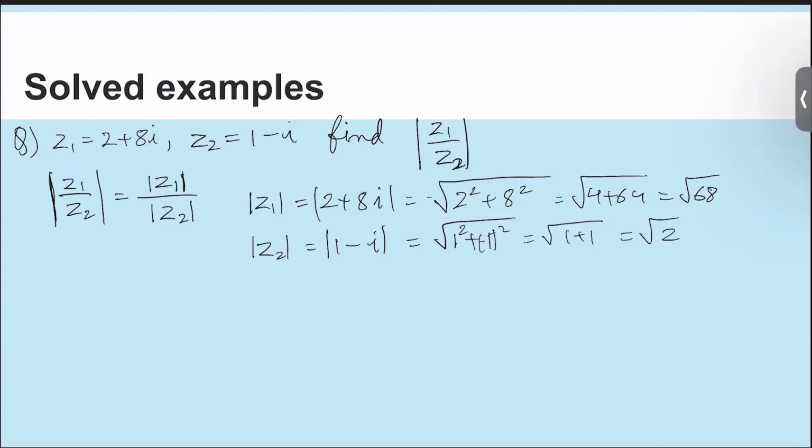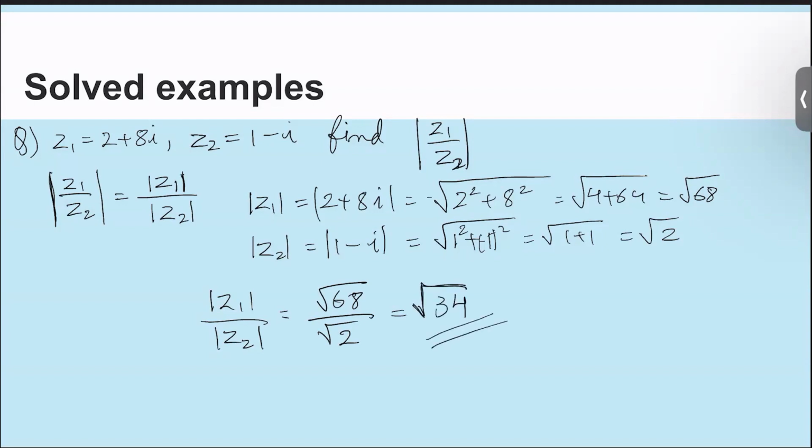Now, if you want to find mod of Z1 upon mod of Z2, it is equal to root of 68 by root of 2. Now we know that if you multiply 34 by 2, you will get 68. So since it's in root, the answer actually comes down to root of 34. Okay, so this is your final answer.